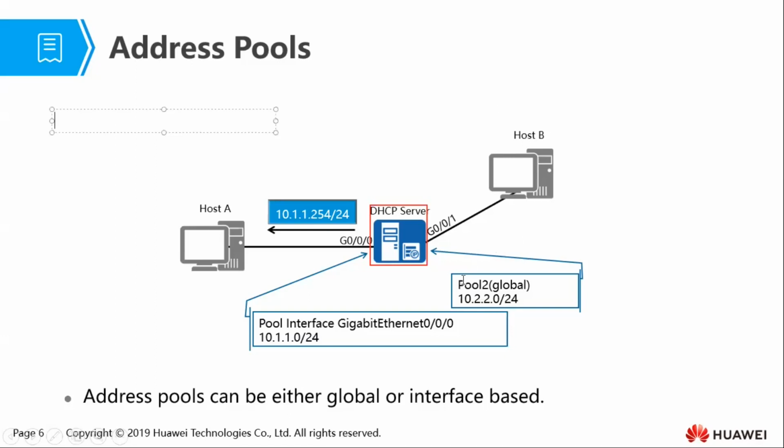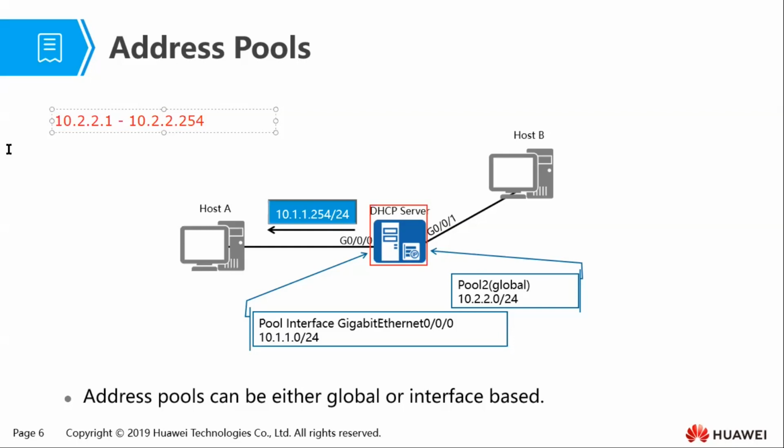So for example, in this example, our global pool is 10.2.2.1 all the way to 10.2.2.254. You see? So when we configure a global pool with this range, we mean any device that is connected to this server can be assigned an address within this range. So that is what we call the global pool.